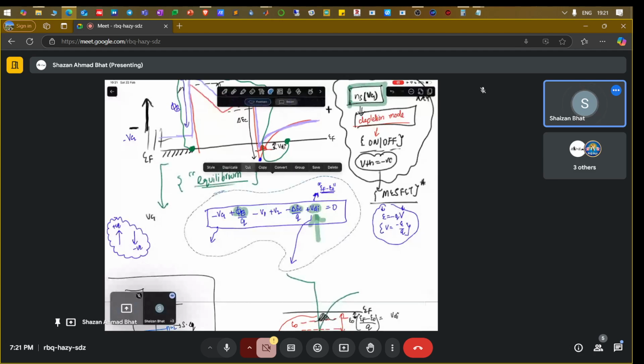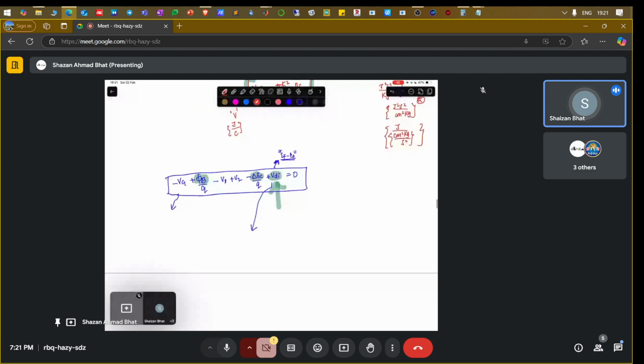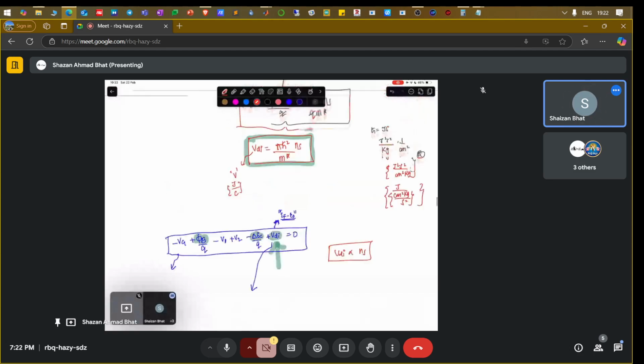If I paste it here, then this is the VDI we needed to obtain, and we have found this dipping of the first eigenenergy below the Fermi level. You see that VDI is directly proportional to the sheet charge density. So if your sheet charge density increases, the difference, that means EF minus E naught, will increase.